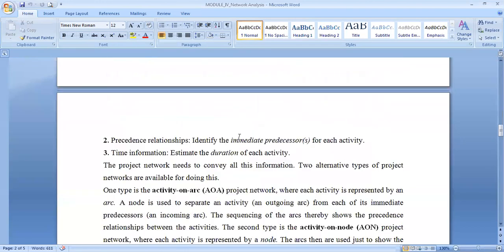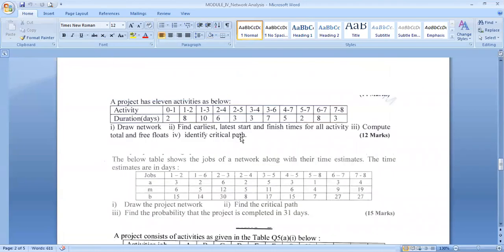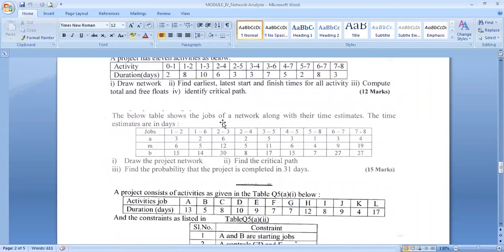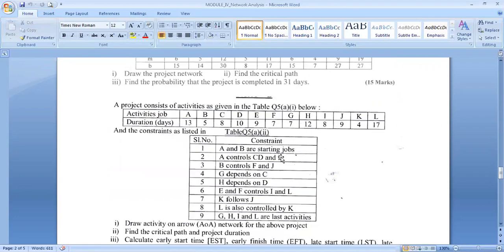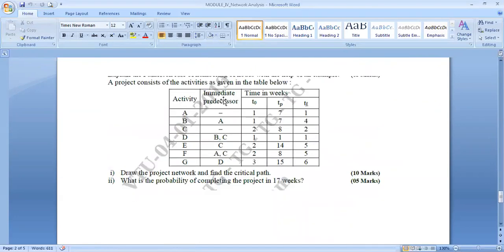Here, I have taken some problems from previous question papers. You just see here. A project has 11 activities as below. That is the activity, and the duration is given. Here the activities and durations are given like this. Then immediate predecessors and time in weeks for each activity are given.